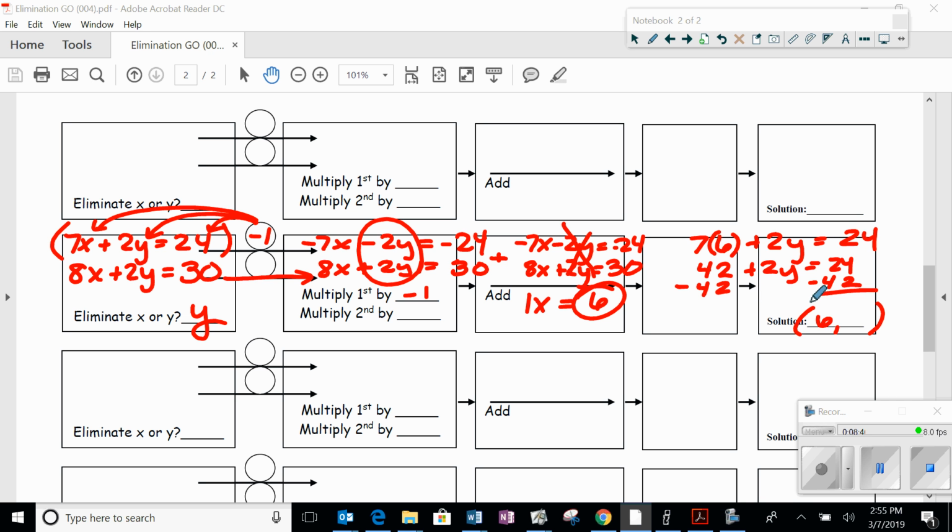Should be a negative. -18, good. Equals 2y. And our last step would be to divide by 2. So y equals -9.